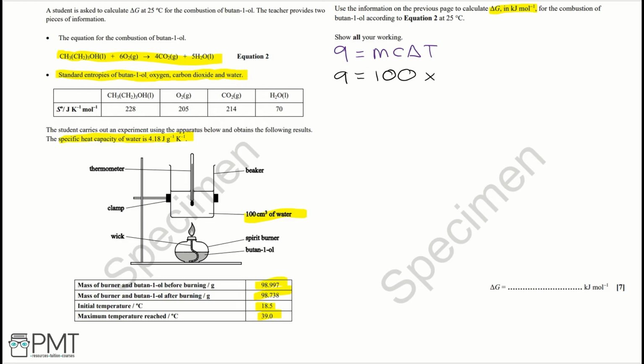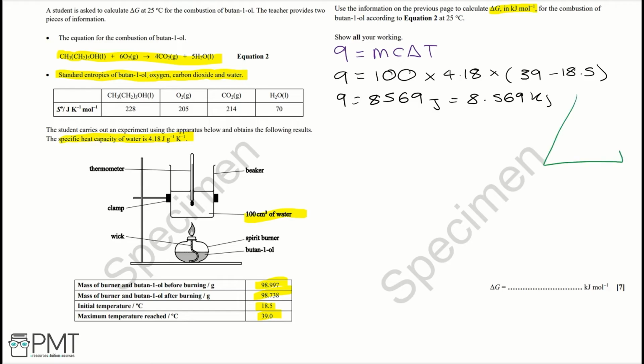And then we're going to multiply by 4.18, which is the specific heat capacity of water, or C, and then multiply by delta T, which is equal to 39 minus 18.5. And that's going to give us a Q value of 8,569 joules, and that equals 8.569 kilojoules.